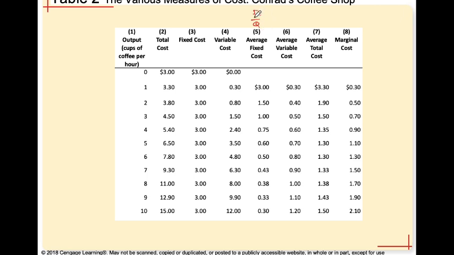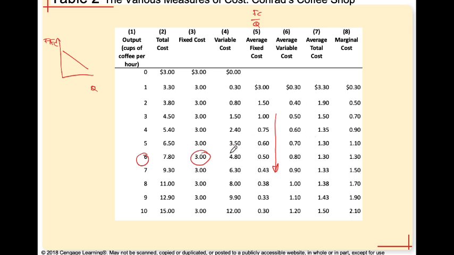Since fixed cost is fixed and quantity keeps on increasing, the average fixed cost curve is going to be downward sloping. Notice how as more is being produced, average fixed cost falls. All you're doing is dividing the fixed cost by how much is being produced. Notice 3 divided by 6 will give you a half.